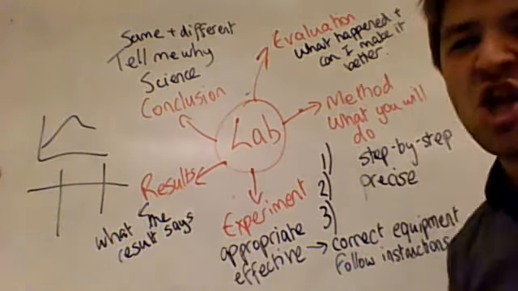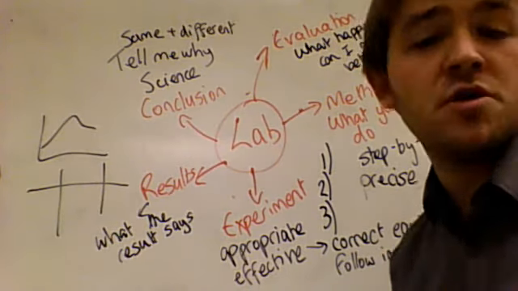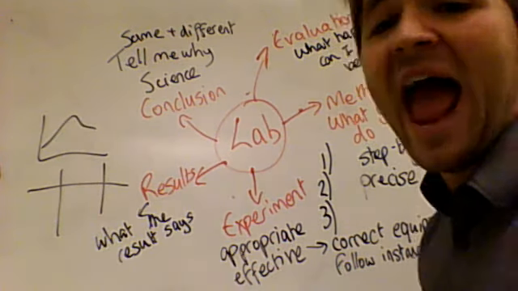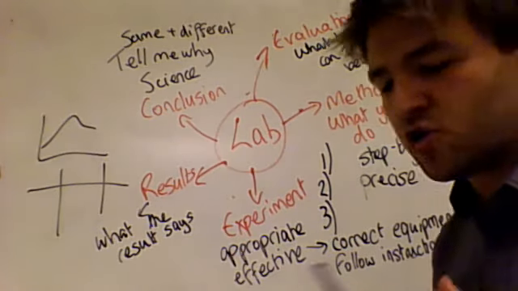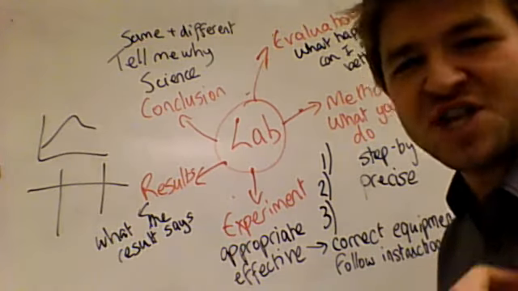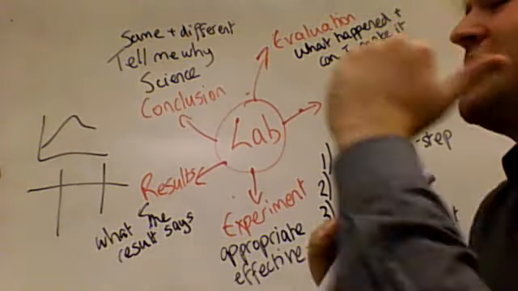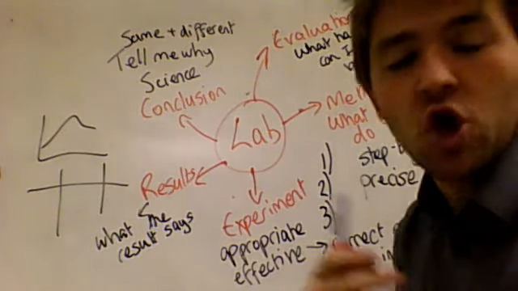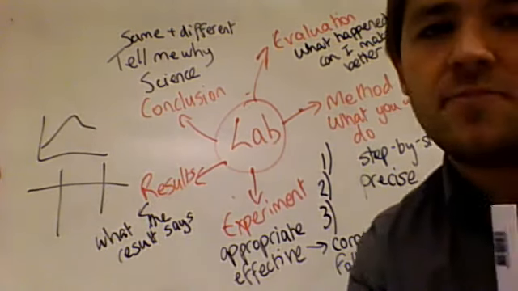Was the test fair? Did every group do it the same way? Were there some errors in it? Did you have things that you couldn't control? Maybe you couldn't exactly get the measurement of water to be perfectly how much you wanted. Can you suggest a way to make it better?